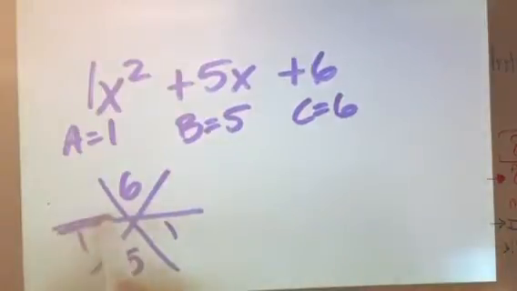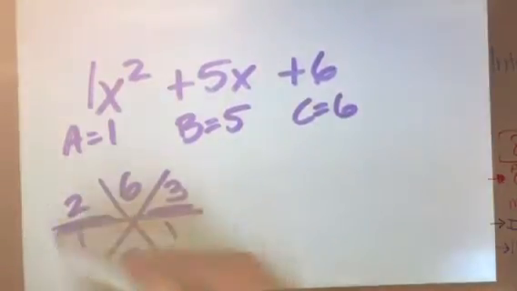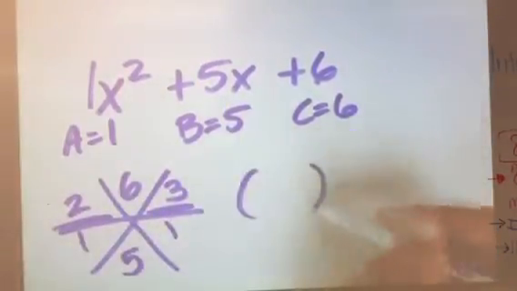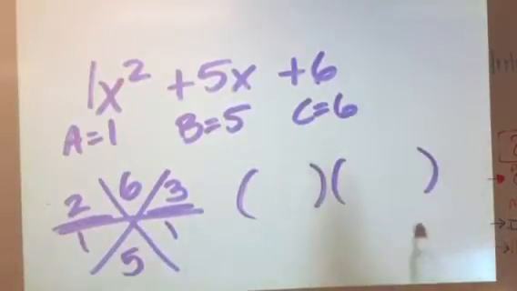Now, this is where you have to come up with what two numbers have a product of 6 and a sum of 5. Some are more simple than others. So here we would use 2 and 3. So 2 and 3 are the numbers that we are going to be putting in our binomials, which represent our factored form.